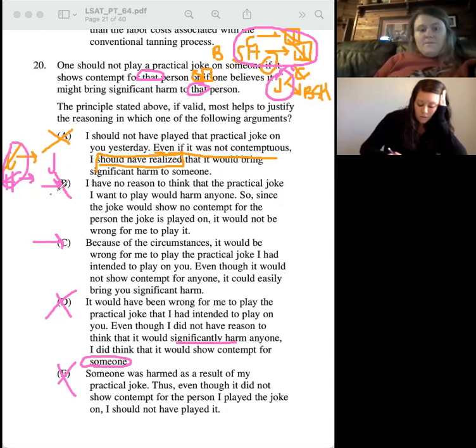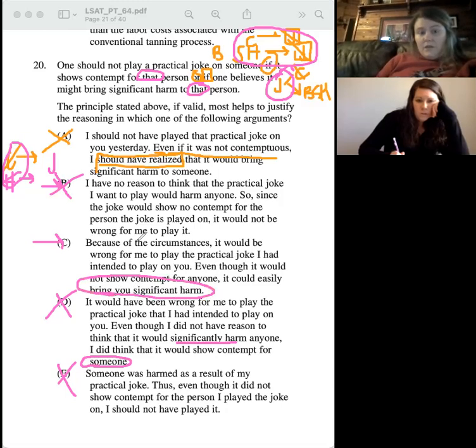Okay. So on B, we're saying because of the circumstances, it would be wrong for me to play the practical joke I intended to play on you, even though it would not show contempt for anyone. So that doesn't matter. It could easily have brought you significant harm. If we believe that something will significantly bring harm, you should not play the joke.